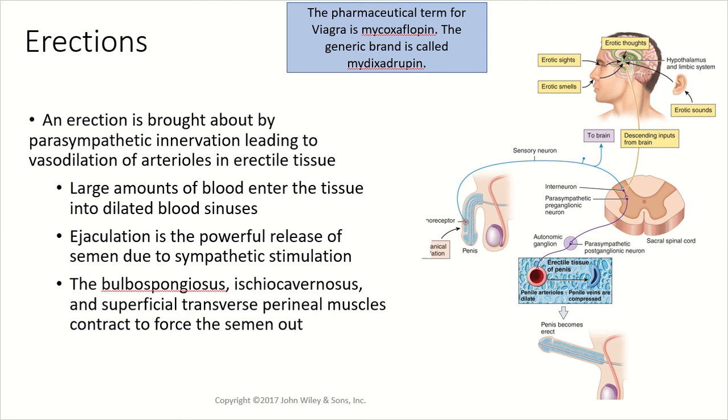Ejaculation is going to be a powerful release of semen due to sympathetic stimulation. The bulbospongiosus, the ischiocavernosus, and the superficial transverse perineal muscles are all going to contract in order to help force that semen out of the penis.